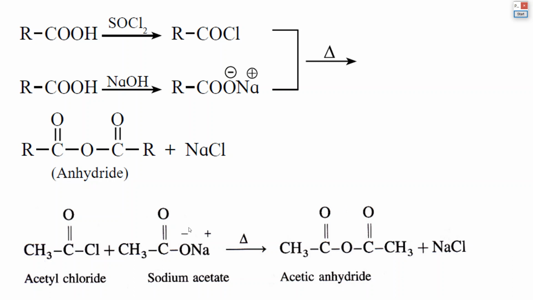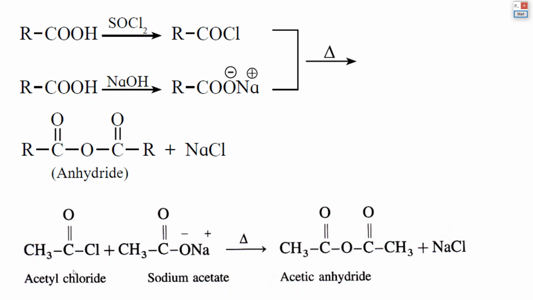A question based on this reaction will be asked in the exam. How will you convert acetyl chloride into acetic anhydride? Or what happens when acetyl chloride is heated with sodium acetate? Or how will you prepare acetic anhydride from acetyl chloride?